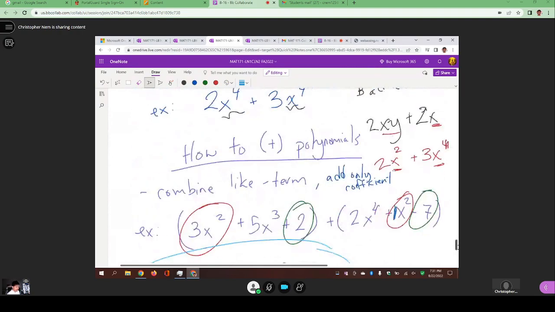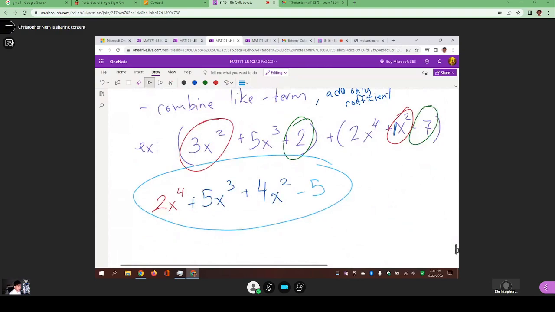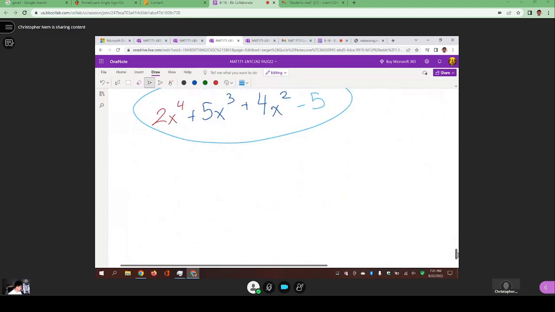We deal with addition. Now we got to deal with the harder one, subtraction. How do you subtract polynomials? Well, I've always told you that we don't like to deal with subtraction. Instead, we deal with addition because subtraction is just the inverse operation of addition.